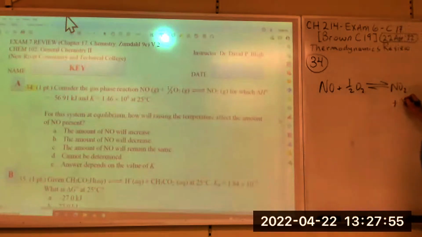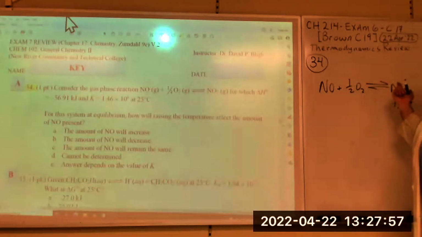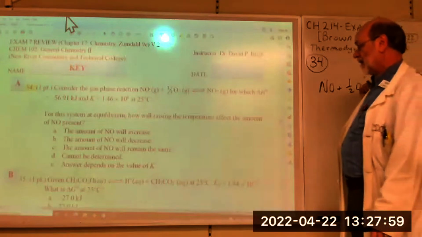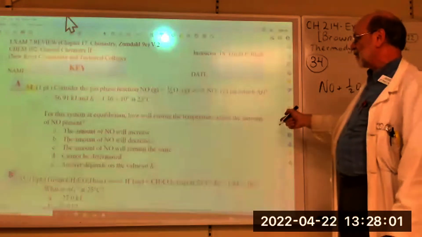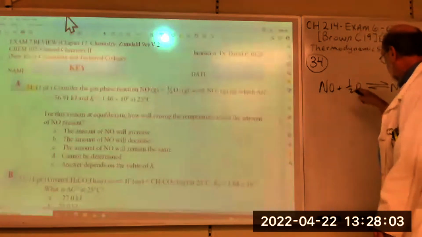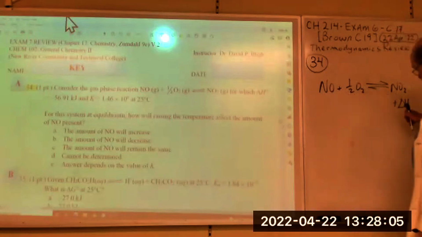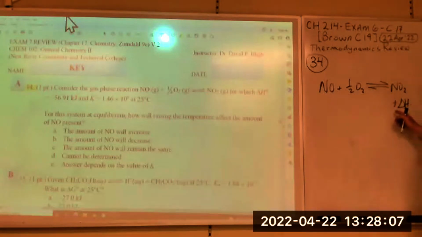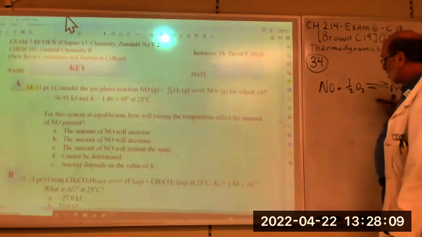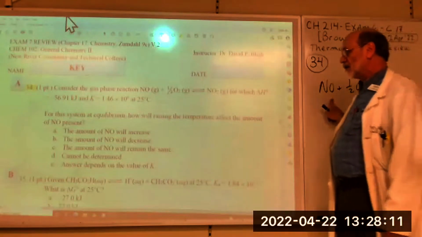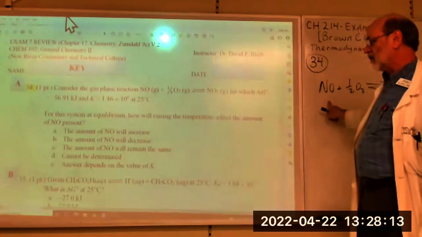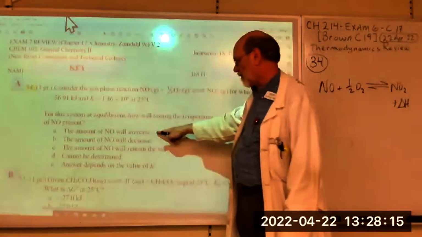So we would add delta H on the product side, right? So how will raising the temperature affect the NO present? How will it affect that? If you increase this value, Le Chatelier says you're going to shift it back toward NO. So you're going to increase the amount of NO right here.